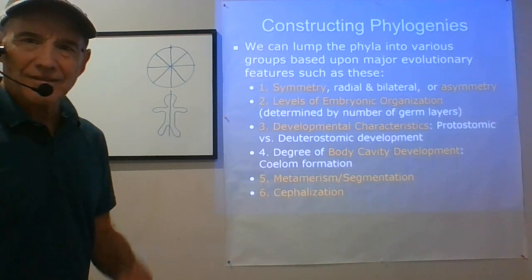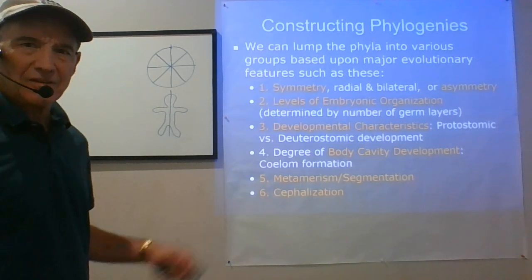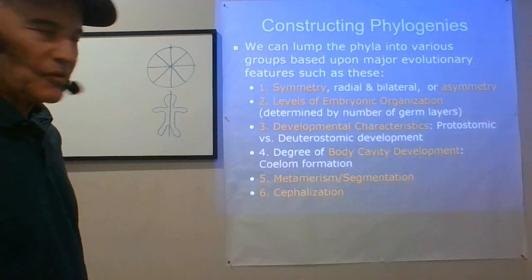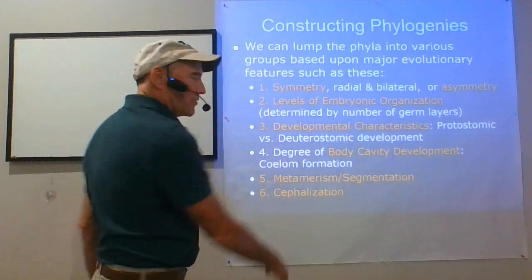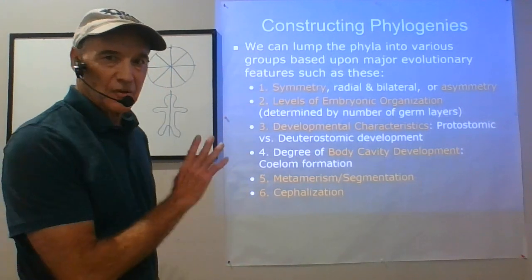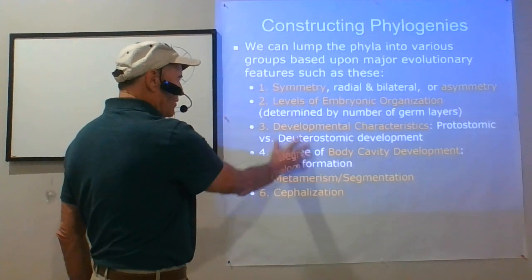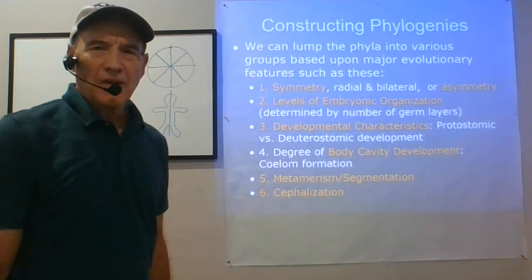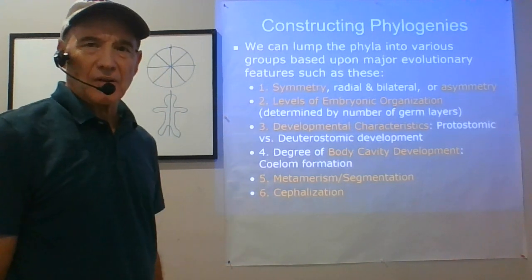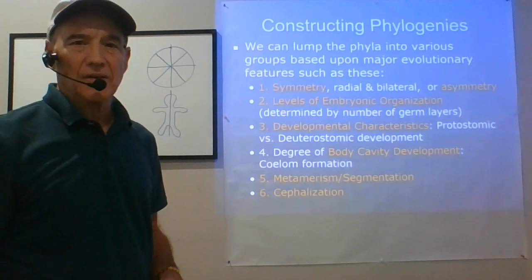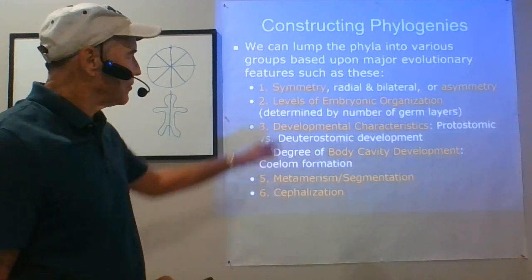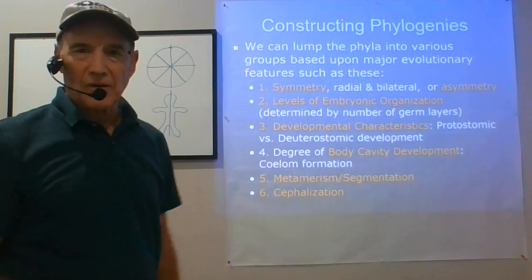And do they have a head or not? Cephalization. There are way more, but these are the main ones for us. You can analyze these features and see relatedness or non-relatedness in organisms. So let's go through these, starting with our next video.